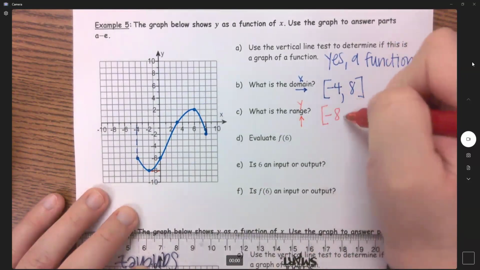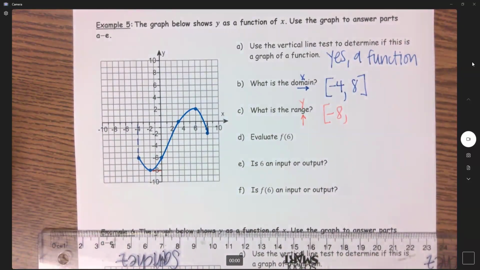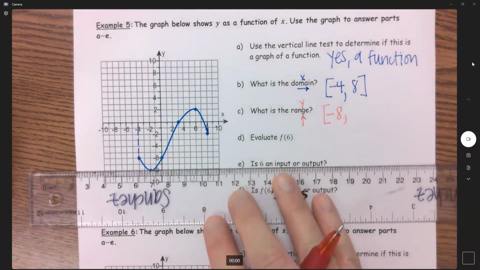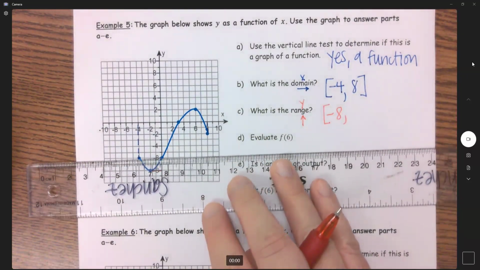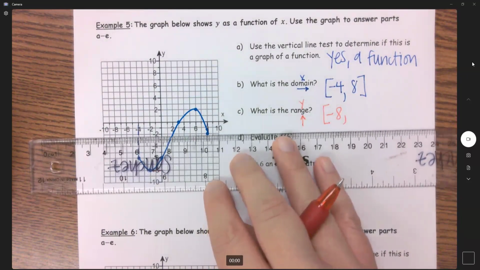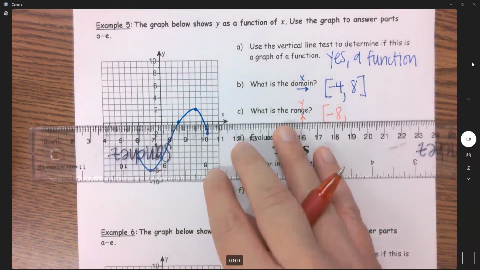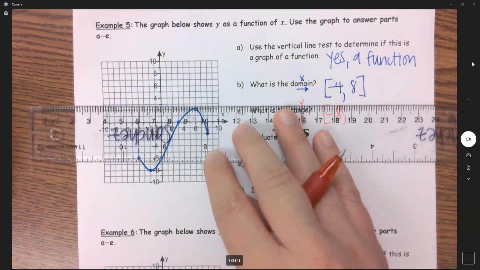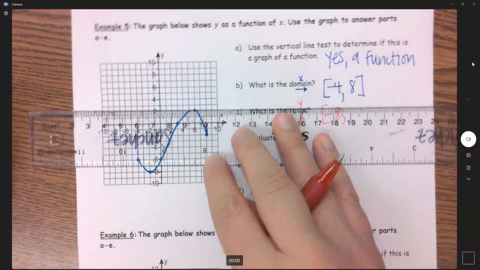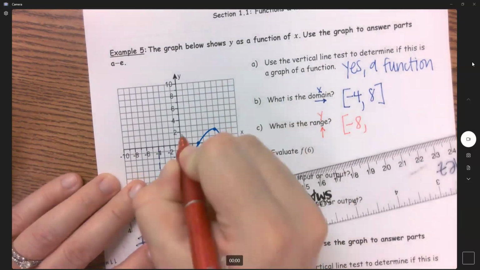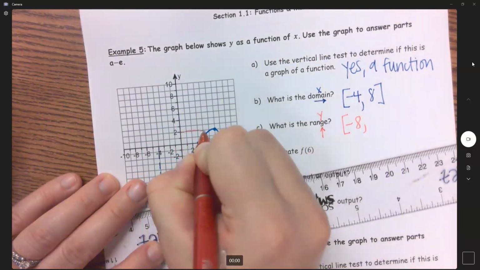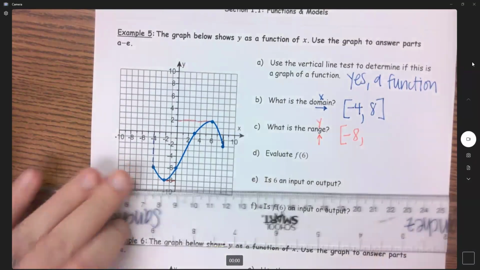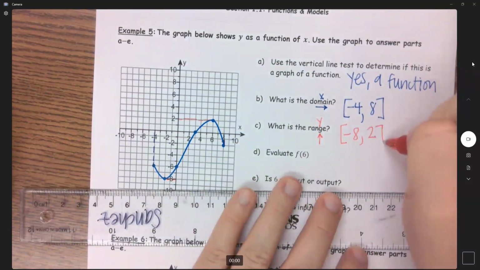So we're going -8, 2, and then keep going. I have y values. Where is the top of this graph? Here's where my graph stops. Once I get past 2, I now have no graph. So this is the top of my graph where I have a y value at 2. And that is included.